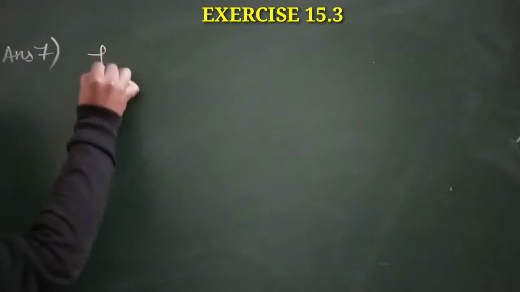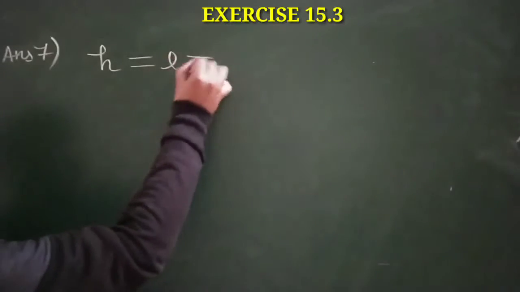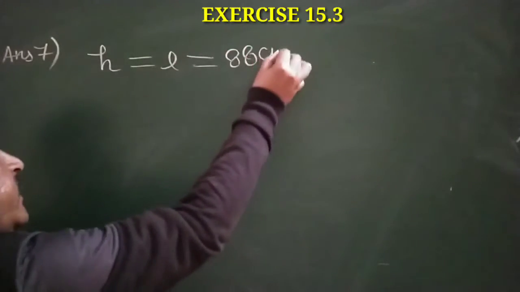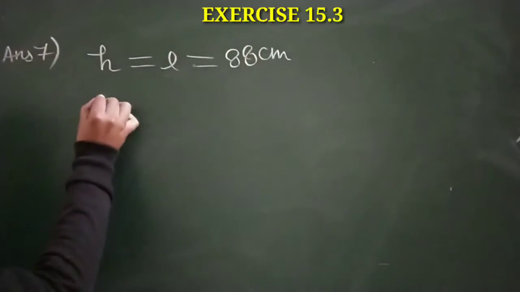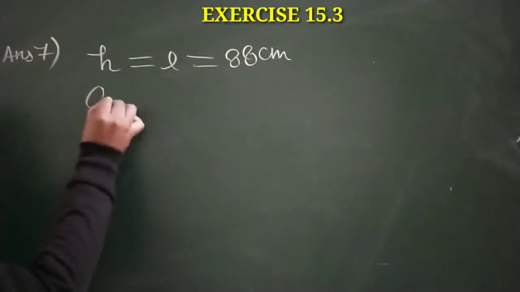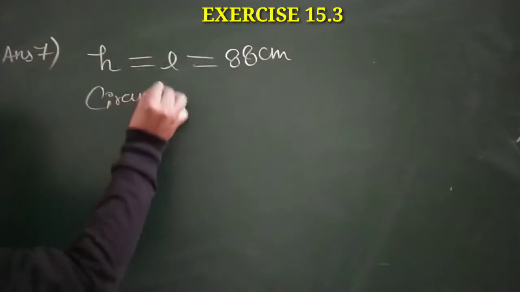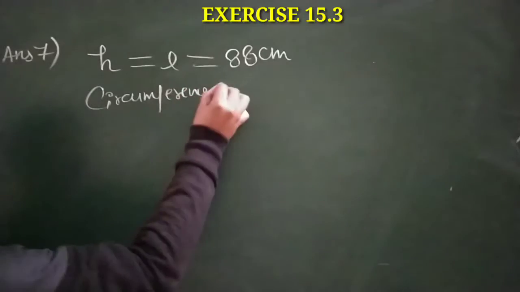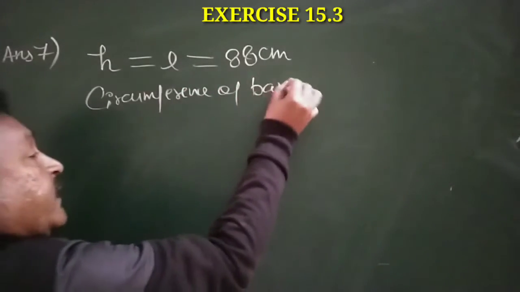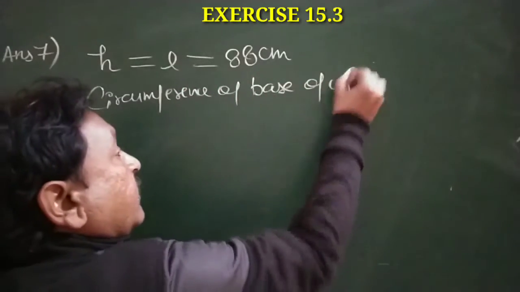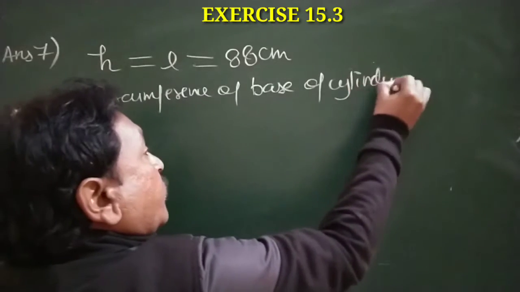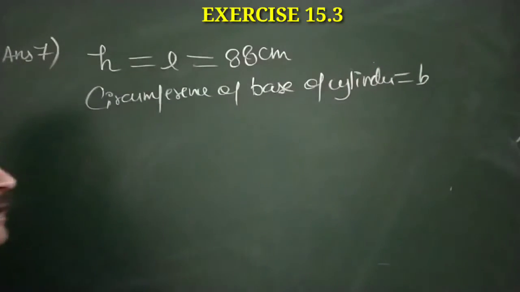So height of cylinder will be equal to the length, that will be 88 centimeter, and circumference of base of cylinder will be equal to breadth of the rectangle.